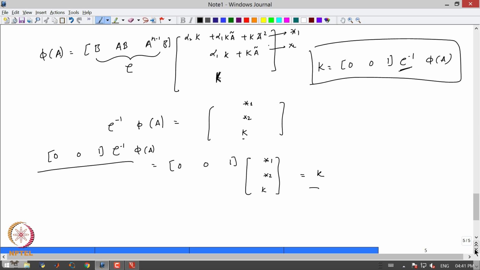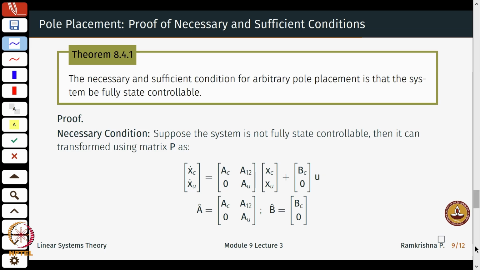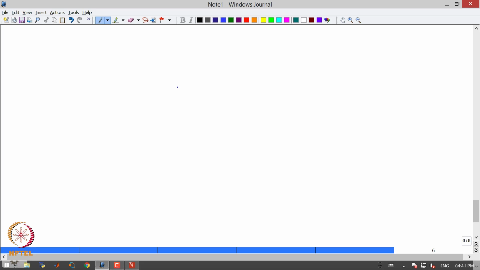So let's spend some time and prove the following: that the necessary and sufficient condition for arbitrary pole placement is that the system is fully controllable. So what does it mean? If I can place the poles, that is equivalent to the system being completely controllable.